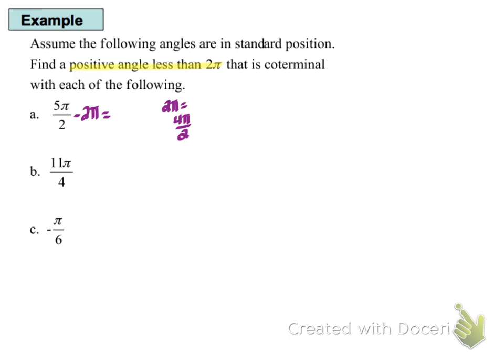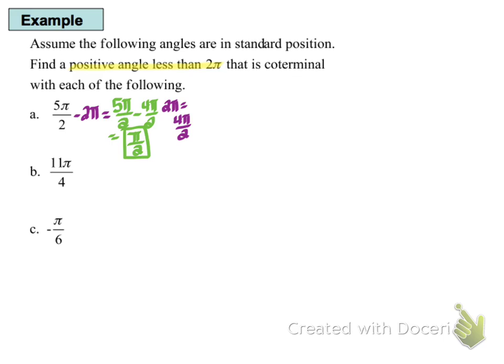So 2 pi is 4 pi halves. So we'll go ahead now and say 5 pi over 2 minus 4 pi over 2. And when I subtract those fractions, I end with 1 pi over 2. So we had to get some common denominators before we could actually subtract.